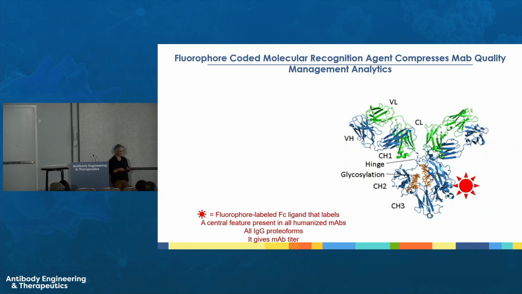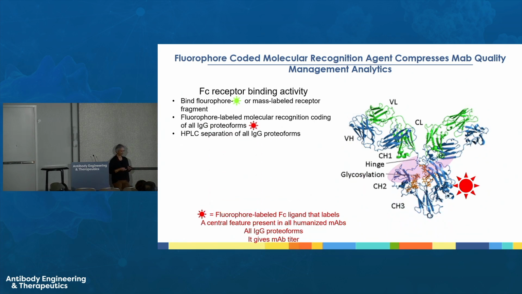Similarly, there are Fc receptors in the IgG molecule that are responsible for activating the immune system of the patient. And if you code that with either fluorophore or MASC, you can measure the Fc receptor binding activity of your IgG.